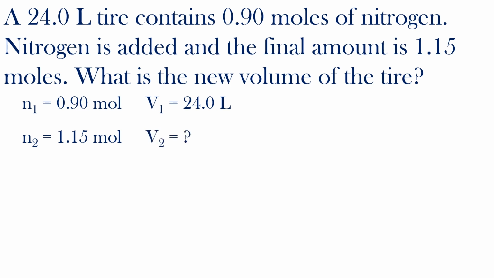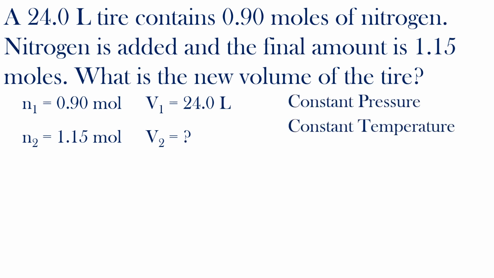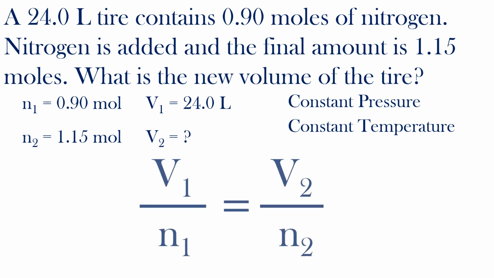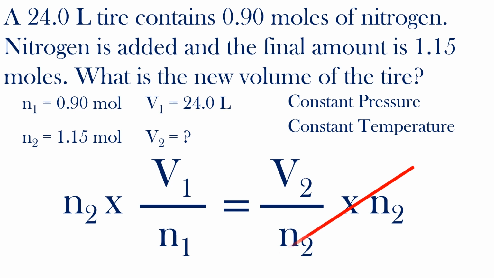Pressure and temperature are not mentioned, so I'll assume that they are constant, and I'll use Avogadro's law. I'll multiply both sides by N2, and N2 will cancel on the right side. This leaves V2 by itself.